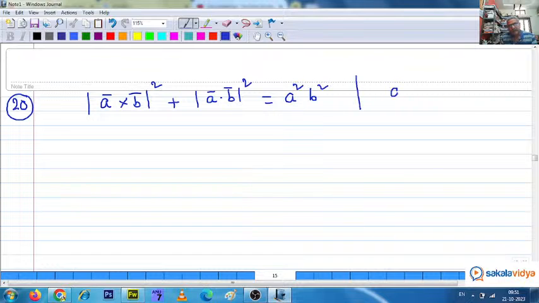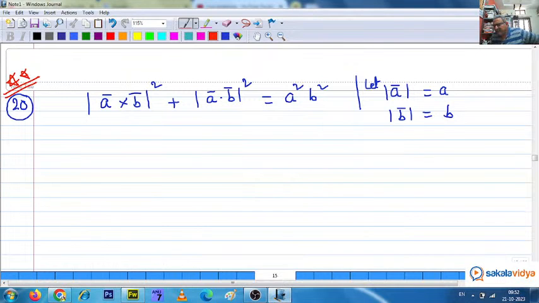Here mod A equals A and mod B equals B. This is also a very important condition, and you can apply it while doing problems. The proof is not necessary, just remember it, because you are physics students, whereas in mathematics we need the proof. The proof is also very easy.